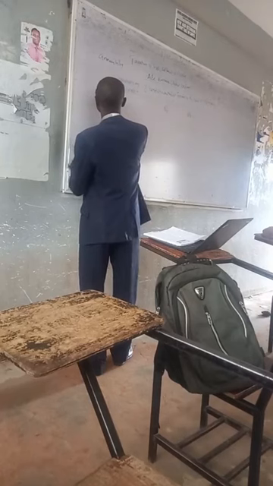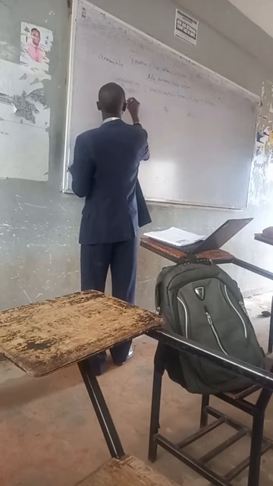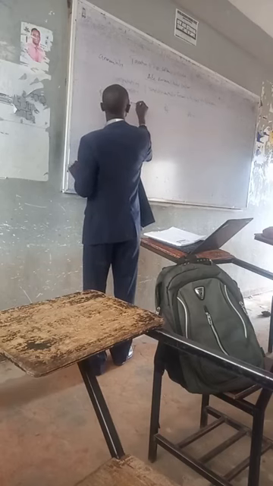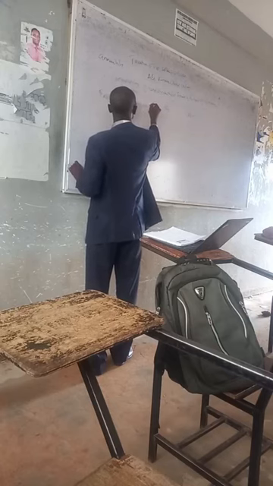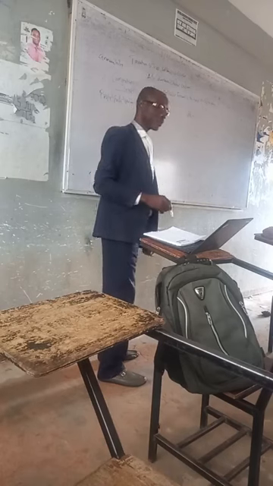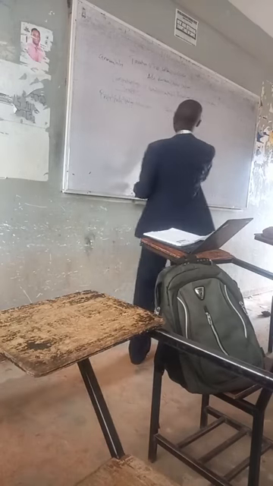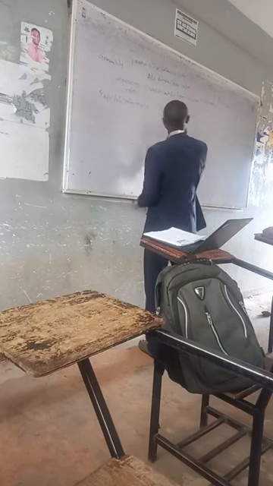You start with it. Profit for the trading activities. How much is the money? 980,000.